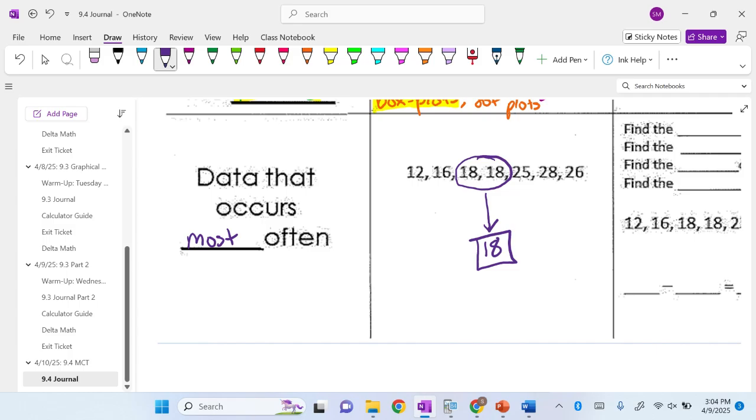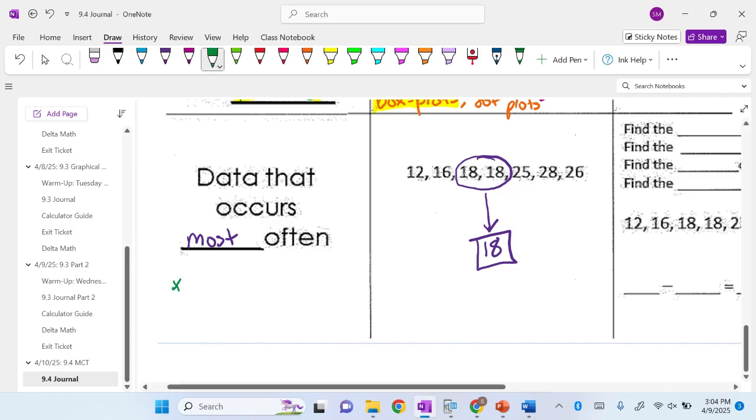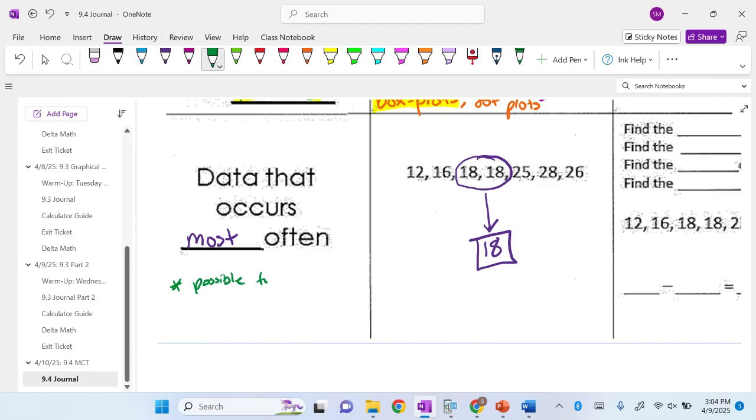Now, you can make a note of this, it is possible to have more than one mode or no mode. So maybe two different numbers were repeated the same number of times. That could be the mode. Or if you just don't have any numbers that repeat, that's no mode.